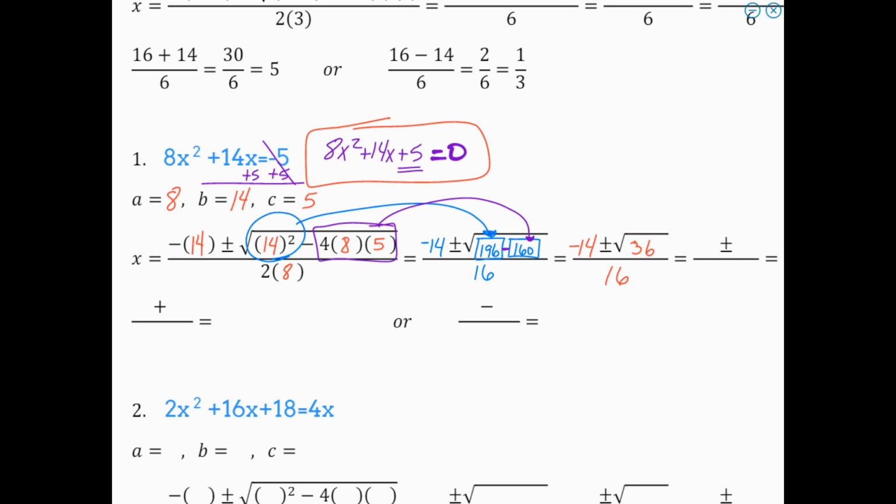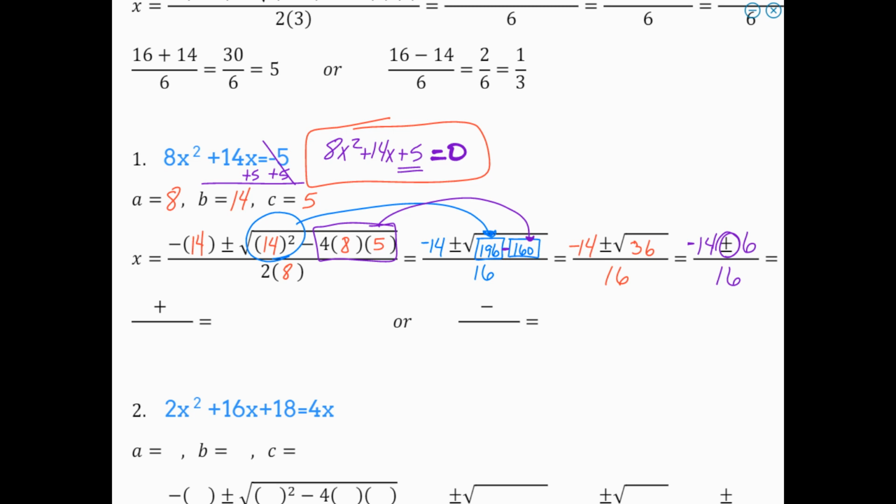Yes. So what is that? 6. So we've got negative 14. And remember on Friday we talked about taking the square root of something can be a positive or a negative. That's why the plus or minus is there in the problem. That doesn't change the 16 in the bottom either.